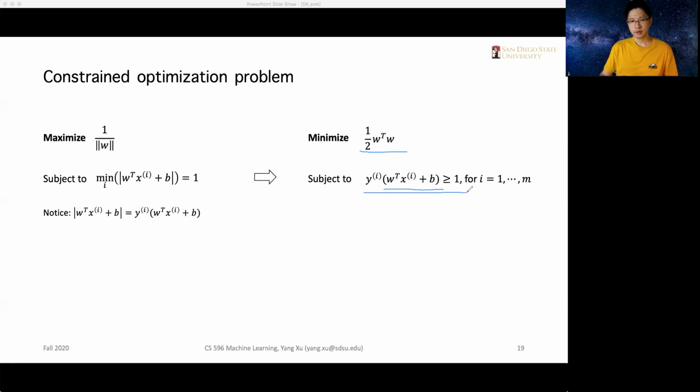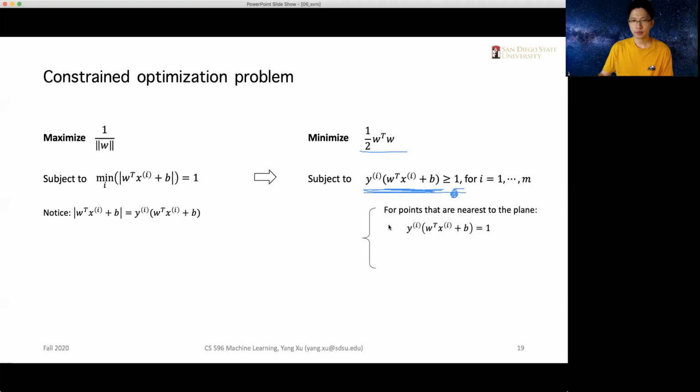Okay, and only for the nearest data points, that are closest to the decision boundary, this expression has a value of 1. In other cases, they are larger than 1.